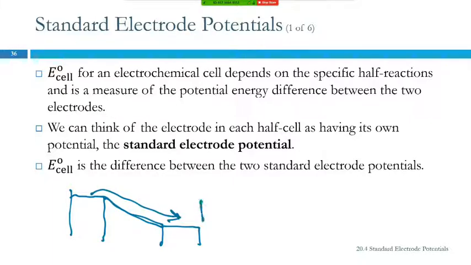How fast the water goes is going to depend on the difference in height, the difference in potential energy of those two places, right? So E cell here measures the difference between the two electrode potentials. It's the potential energy difference.